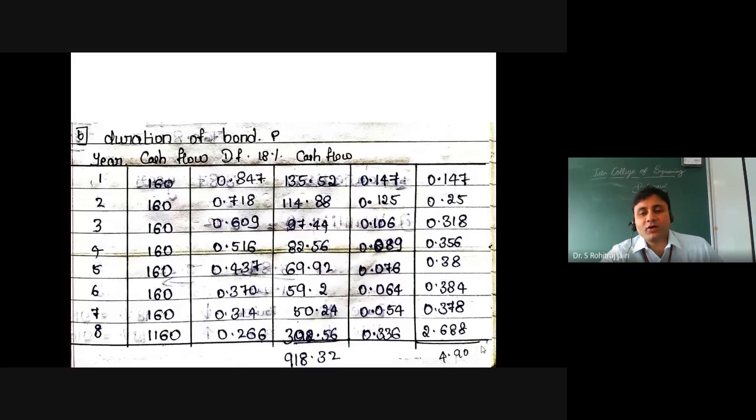Just a small hint, see the slide. Duration of bond P. In the similar way, solve it and tell me the duration. Those who have not yet solved the YTM, you can see the slide over there. Please check where you have gone wrong. Those who have already solved the YTM, you can calculate the duration of bond P and Q. Consider the discounting factor as 18% and 20% for bond P as well as for bond Q.